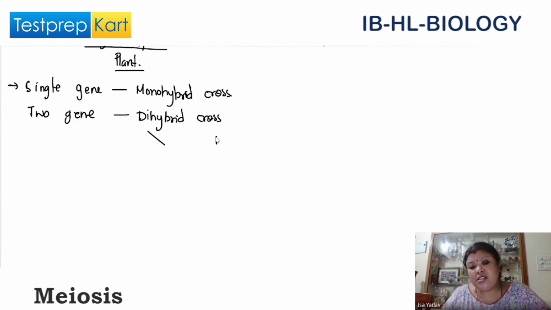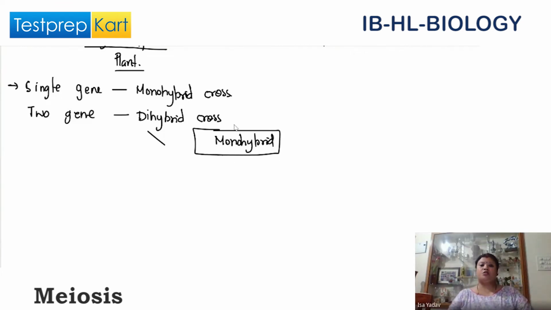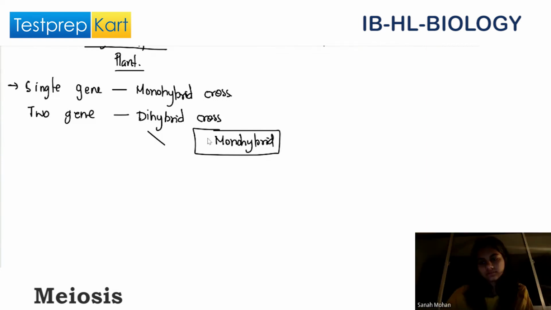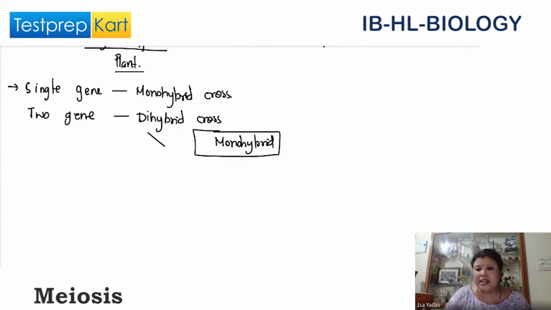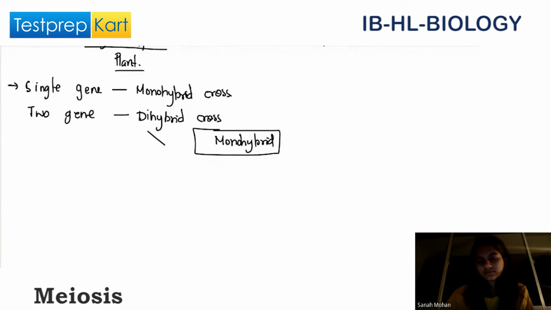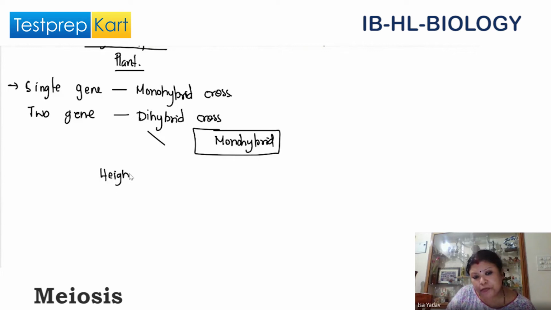So let us see one monohybrid cross. Okay, let us see what a monohybrid cross is. So monohybrid cross, Sana, involves 1 gene or 2 genes? 1 gene. So what we will do is we will take height of the plant. We will take tall plant.